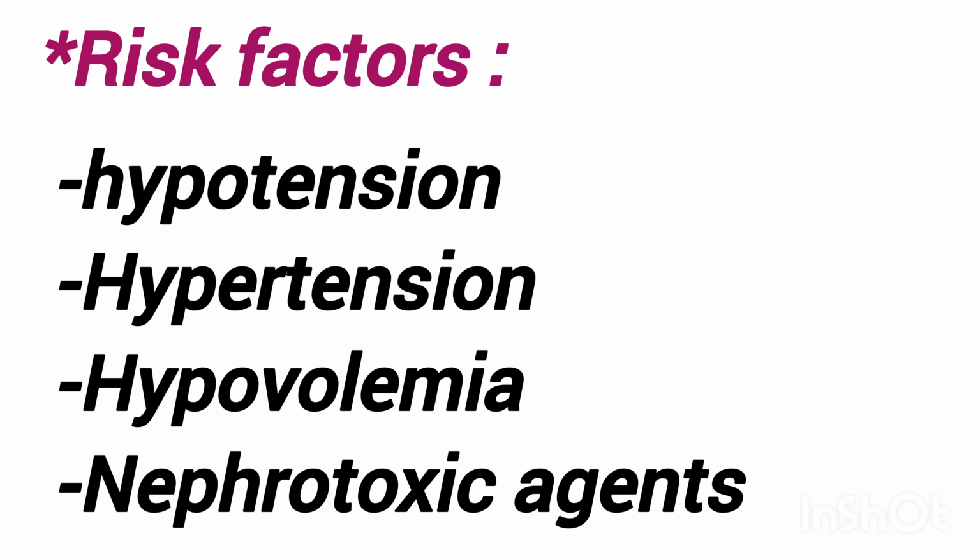Hypovolemia means decrease of fluids in the body. This can lead to the highest mortality rate in the patient. And nephrotoxic agents: if the patient is on medicines, mostly psychiatric or depression medicines, that contain nephrotoxic agents, taking them for a prolonged time will also lead to acute renal failure. So there is a risk in this condition.